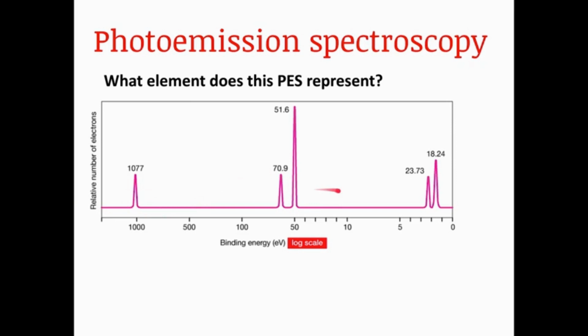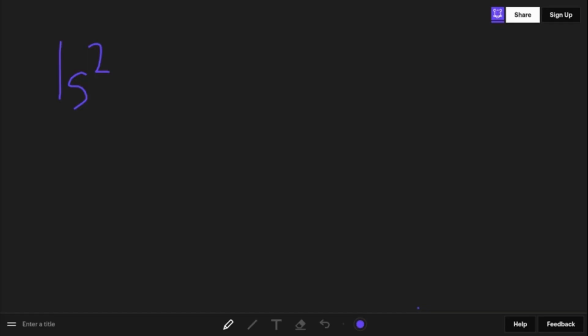So we got 1s2. Now we go over here, and now we have 2s2. Because this is the same amount, this means we have 2 electrons here. And the next thing after 1s2 is 2s2.